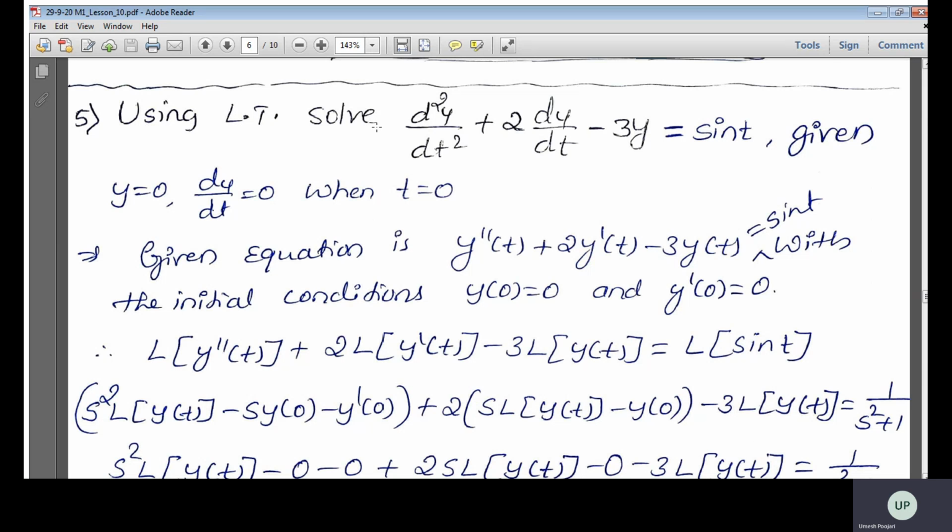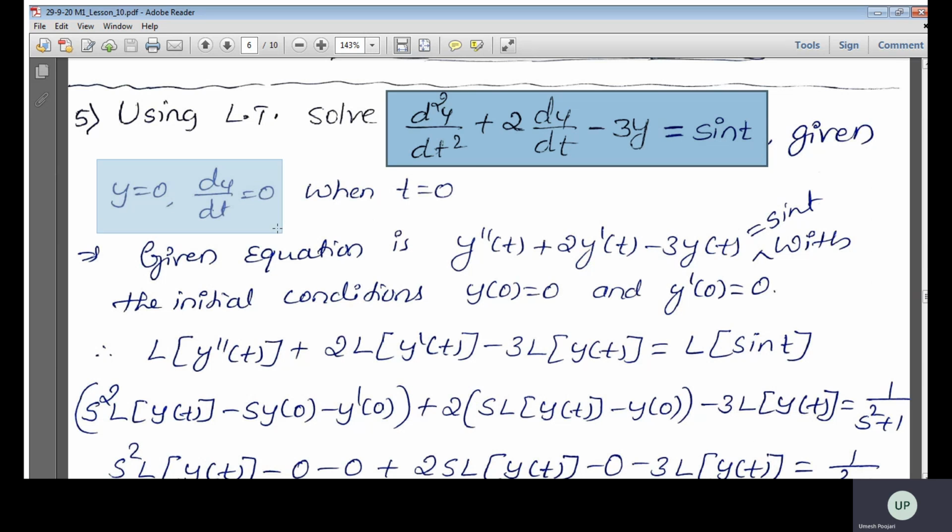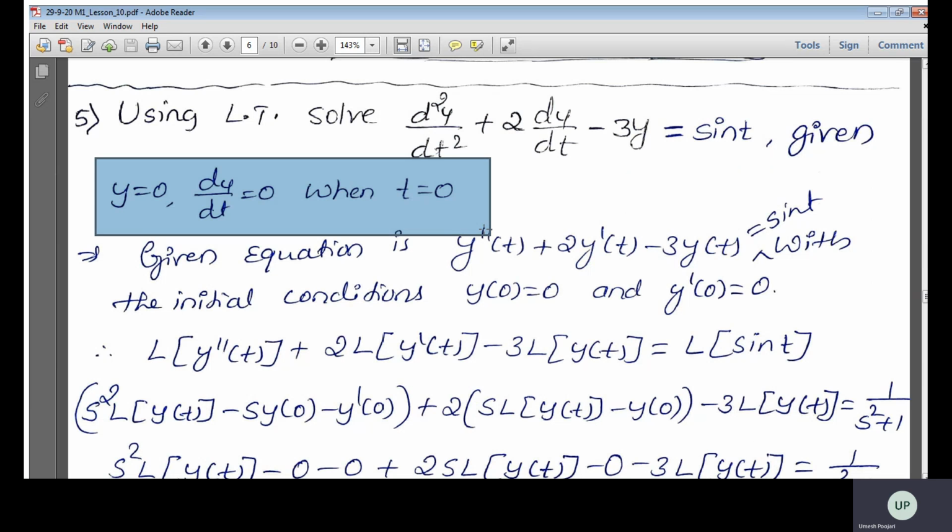Using Laplace transform, solve d square y by dt square plus 2 dy by dt minus 3y equal to sine t, given that y equal to 0 and dy by dt equal to 0 when t equal to 0. So one second order non-homogeneous differential equation is given under the condition that y equal to 0 when t equal to 0. What do you mean by this?